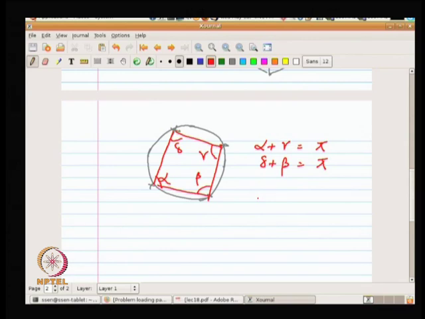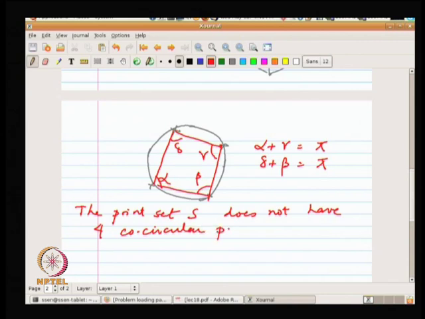So the point set S does not have 4 co-circular points. Therefore, this kind of configuration cannot exist. This is also called the general position assumption.